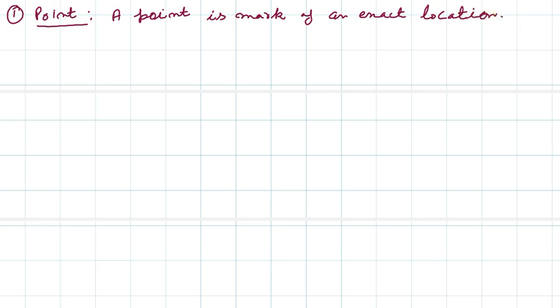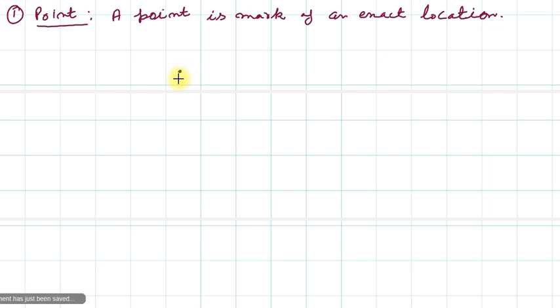So the mark that shows us an exact location is called a point. If I put a dot here, this is a point, right? This point has no dimensions, that is no length, no breadth and no thickness. It occupies no space, just a dot.